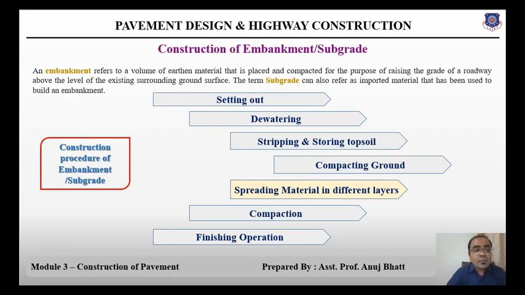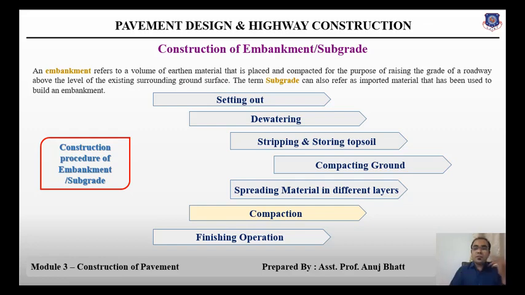At the time of compaction, the moisture content should be in the range of 1% above and 2% below the optimum moisture content. So this is about spreading the material in different layers. The next is the compaction.